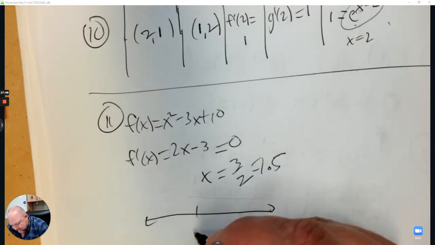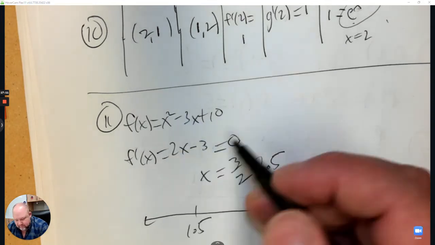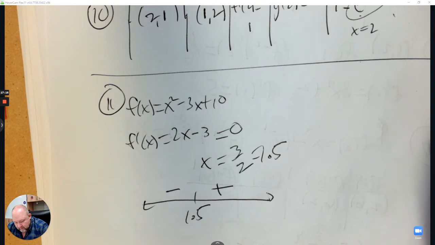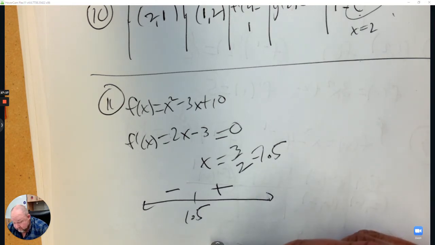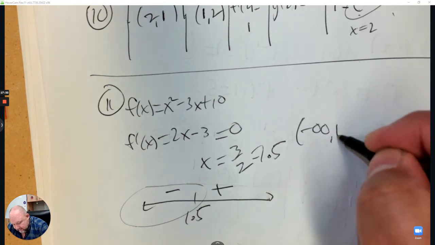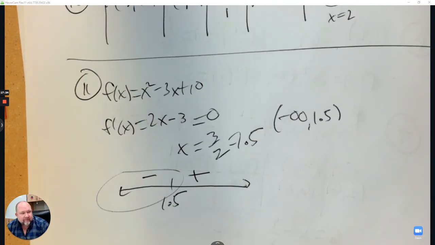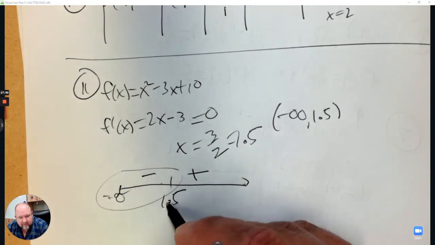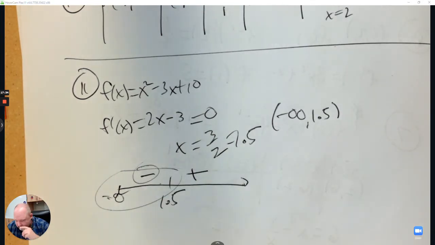So when I put that down, 1.5, I know it's concave up. So I know it decreases and then it increases. And so the largest interval that contains 1 would be this interval, from negative infinity to 1.5. That's what we're looking for. That's what contains 1. So from negative infinity to 1.5, it's a 1-to-1 function and has an inverse.